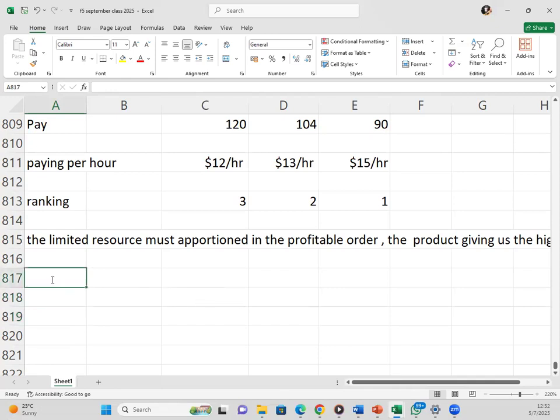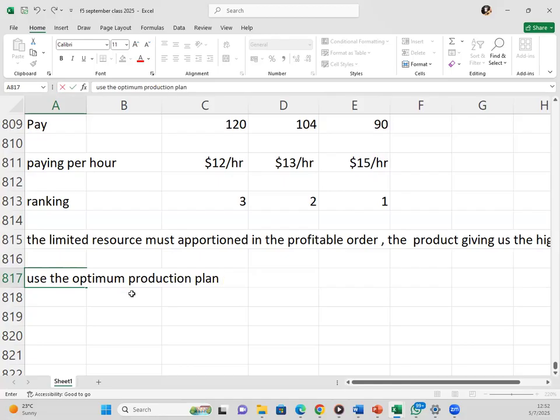But what if you are to maximize, or use the optimal production plan? The optimum production plan is the one that maximizes profit.